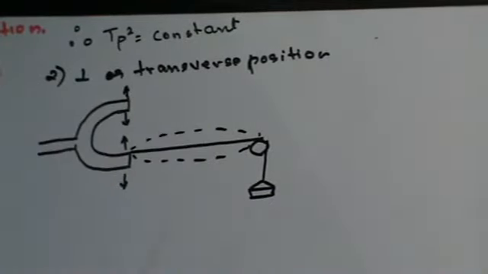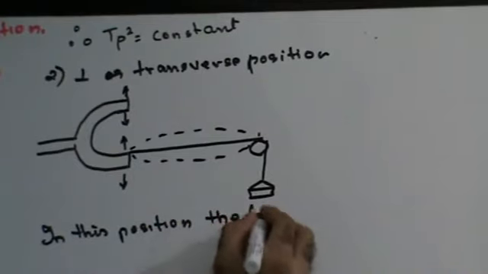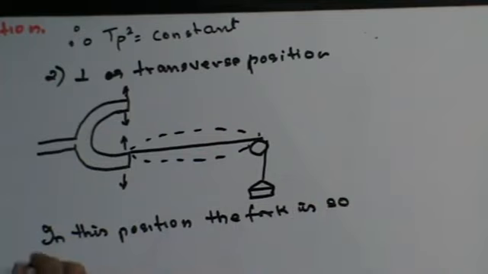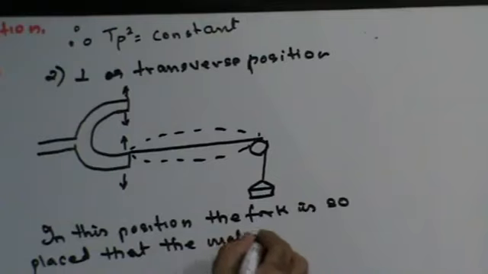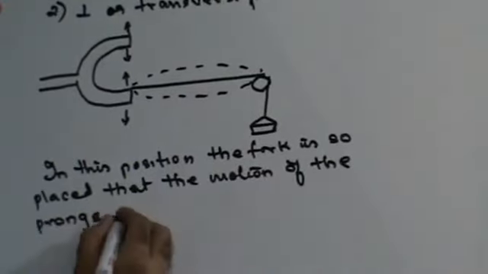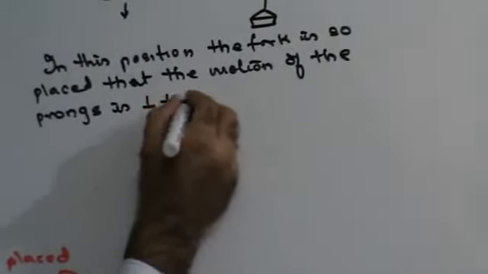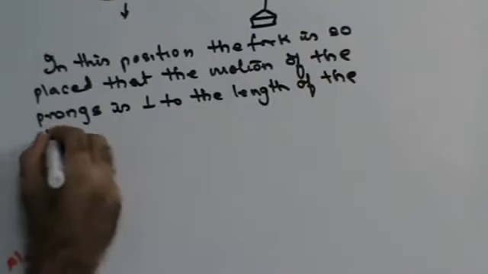Now, I can say that in this position, the fork is so placed that the motion of the prongs is perpendicular to the length of the string.